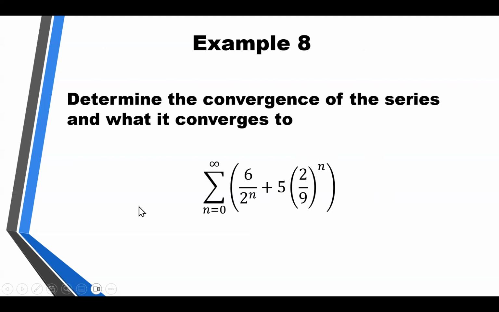So let's do this example using what we learned earlier, my constant multiple rule and my sum difference rule. We want to find if this series, summation starting at 0 going to infinity, of 6 over 2 to the n plus 5 times 2/9 to the n, will converge or diverge, and what it would converge or diverge to.